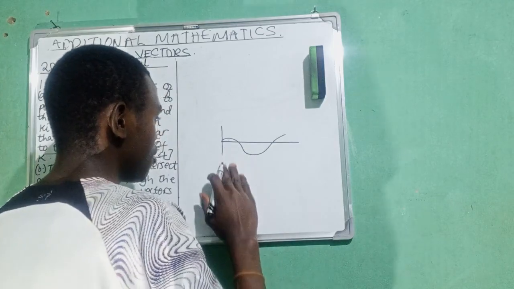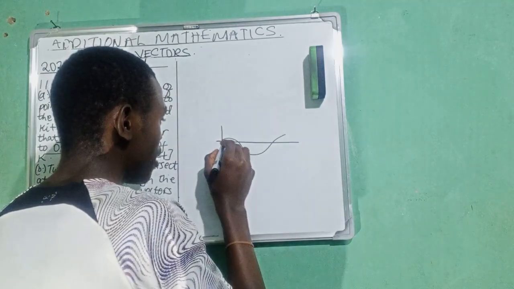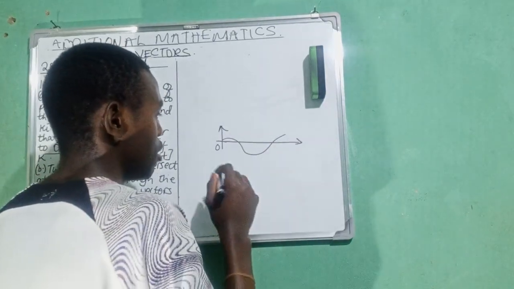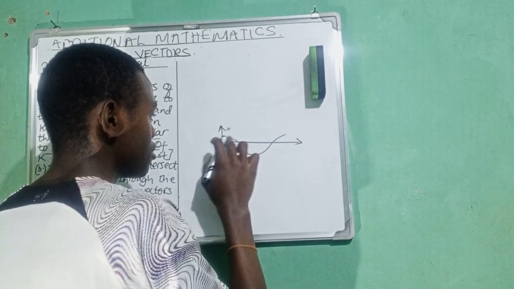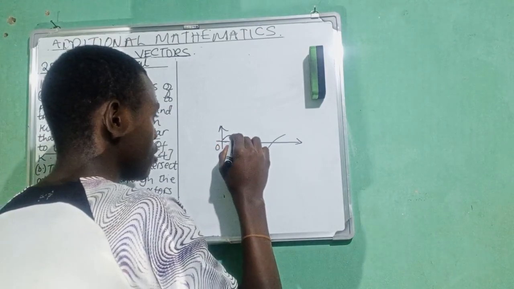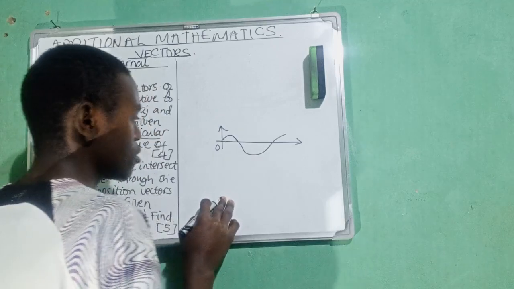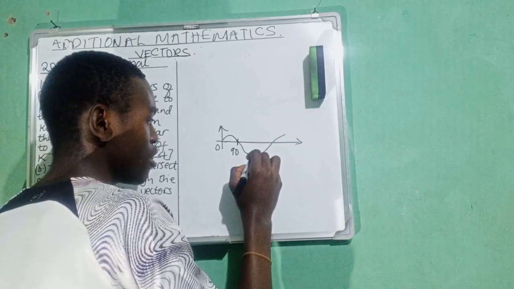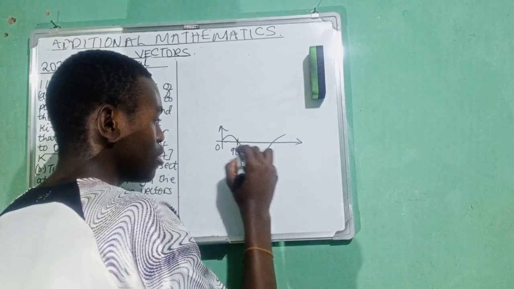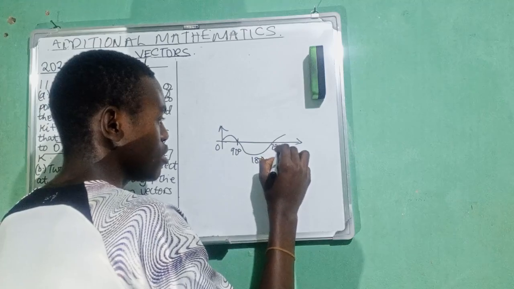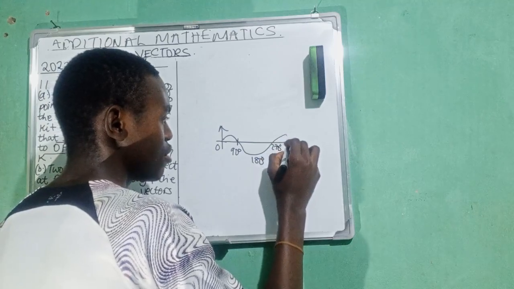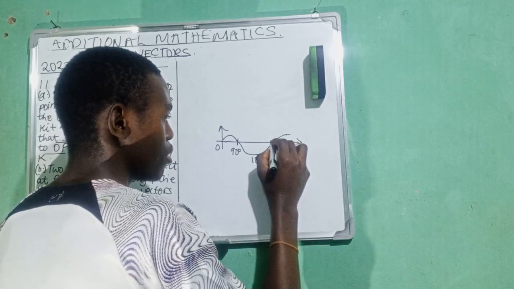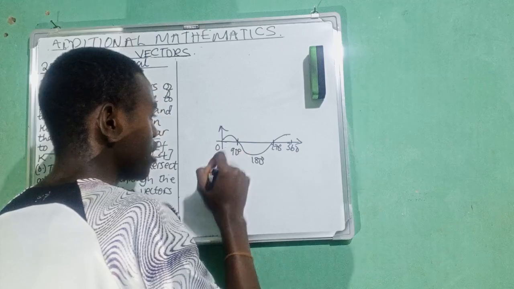So this is your basic x and y plane. Now here, when it crosses, it is 90 degrees. There it's back to 180 degrees. And then here, 270 degrees. Here it is 360 degrees right there on top.